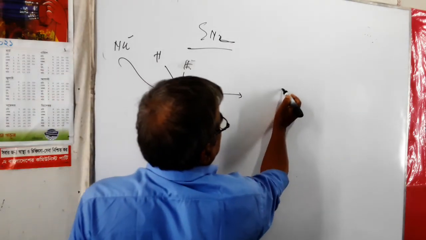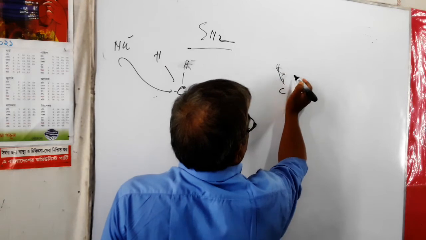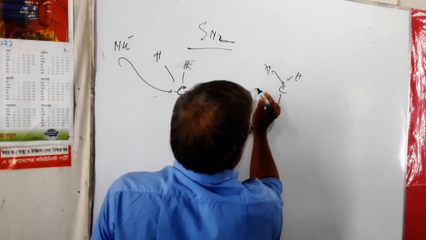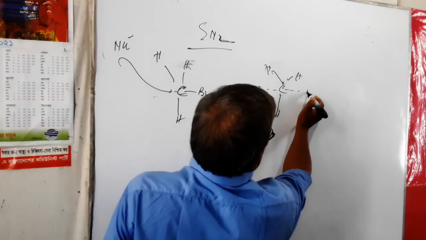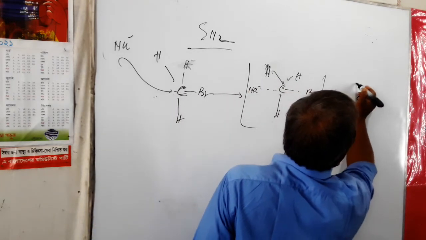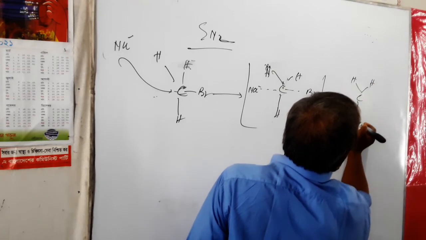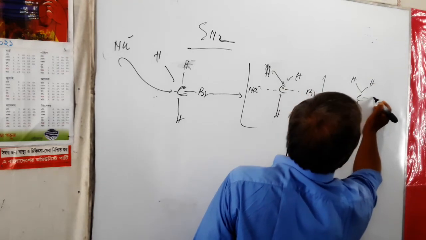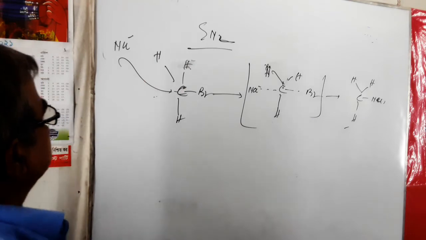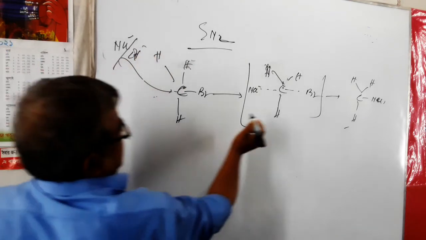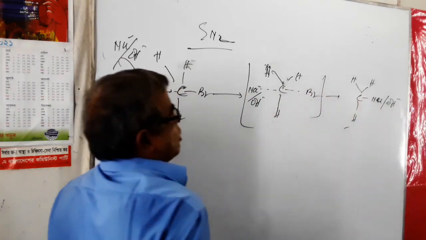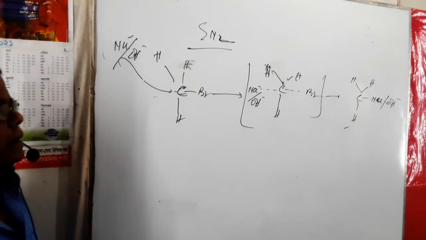It is then converted into a transition state. This is the transition state, and if the nucleophile is hydroxide, it will then be converted into methanol, methyl alcohol.